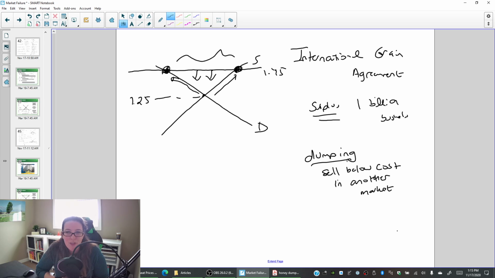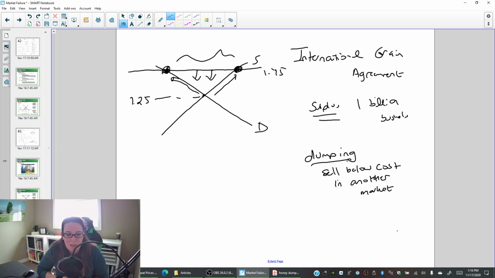So when we took that wheat and we then started to sell it below cost in South Africa, Zimbabwe, Ethiopia, what did it do to their grain market? Well, South Africa, Ethiopia, Zimbabwe, they all produced wheat. Can you compete as a wheat farmer if all of this foreign wheat is coming in below cost?